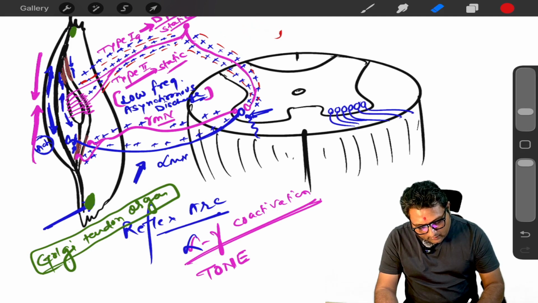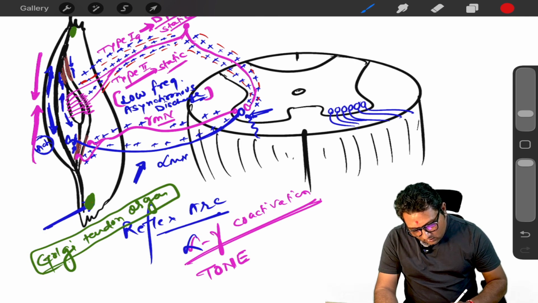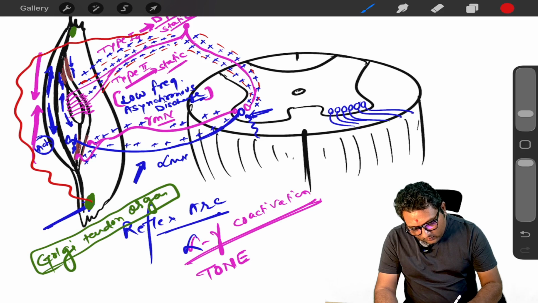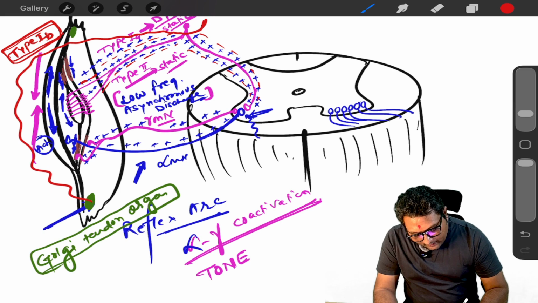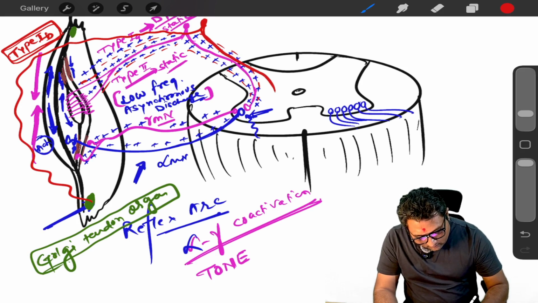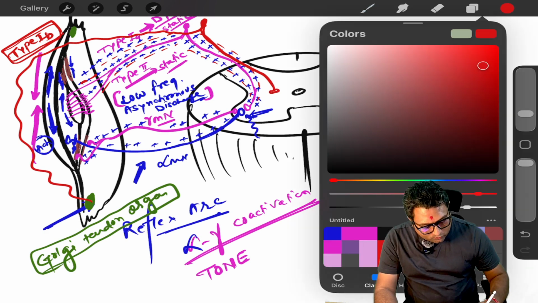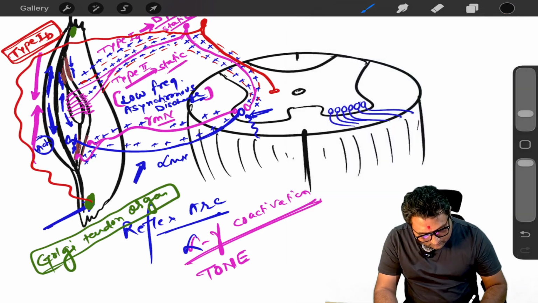The Golgi tendon organ works through type 1B fibers. These afferent fibers are type 1B fibers, and this is a viva question for PG students. They enter the spinal cord through the dorsal root ganglia and make synapse with interneurons.